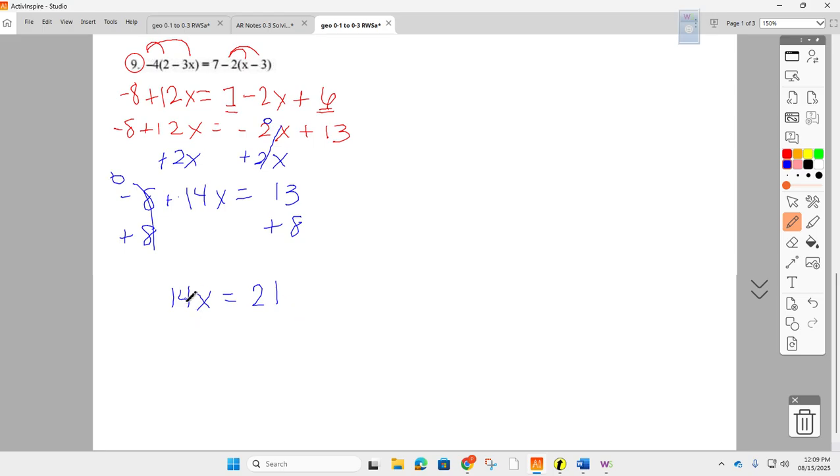Undo the multiplying 14 times x by dividing by 14. And that leaves us 1x, so we just write x equals, and this needs to be simplified. It's an improper fraction. Put it in your calculator. 21, ABC, 14, equals.